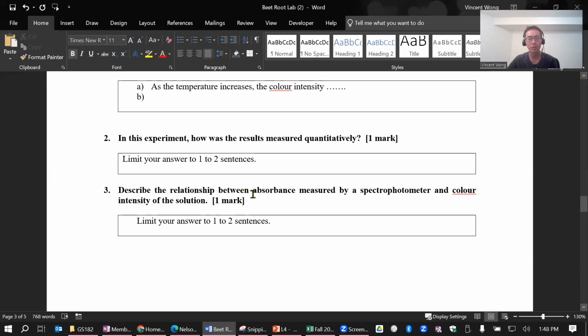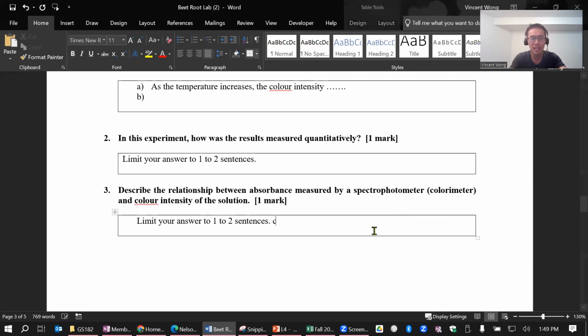Describe the relationship between absorbance measured by spectrophotometer. I think she calls it something else in the video. I haven't watched it in a long time. I think she called it a colorimeter. Some people write color emitter. I don't think that's what it's called. It's called colorimeter.